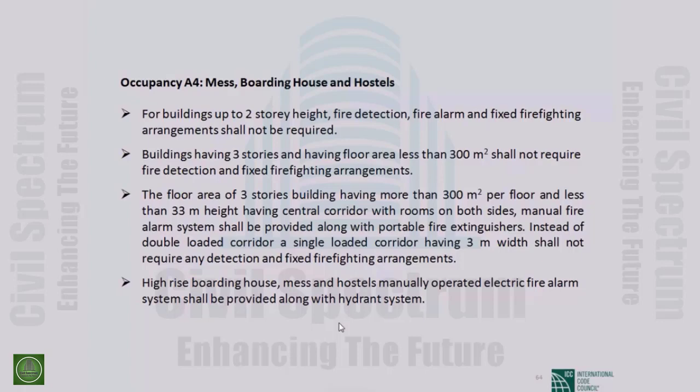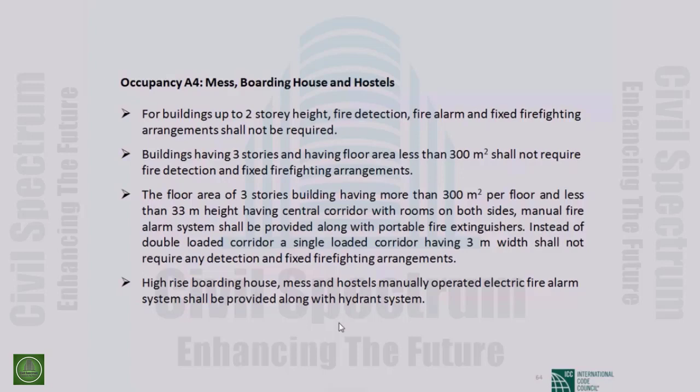For floor area of a 3-story building having more than 300 meter square per floor, remember per floor, and less than 33 meter height, that is low rise building, having central corridor with rooms on both sides, manual fire alarm system shall be provided along with the portable fire extinguisher.